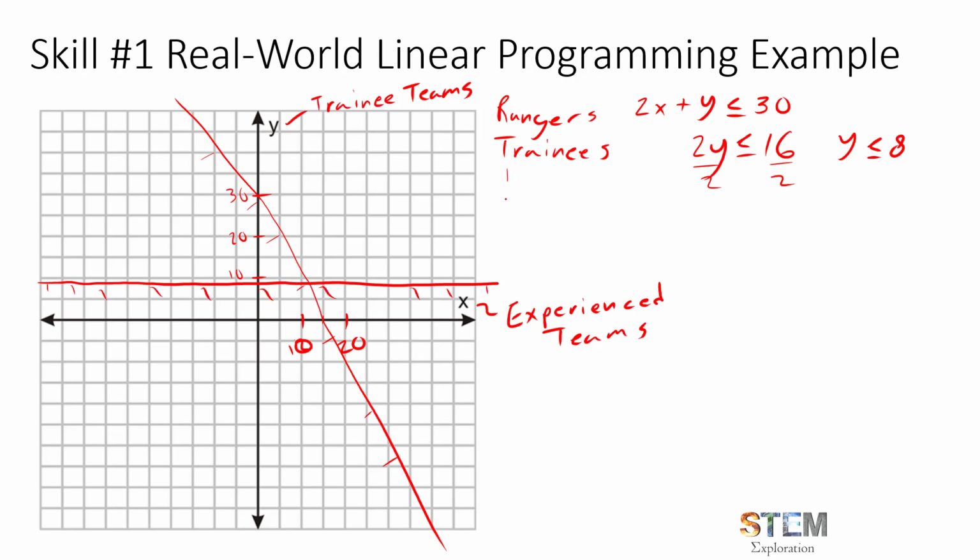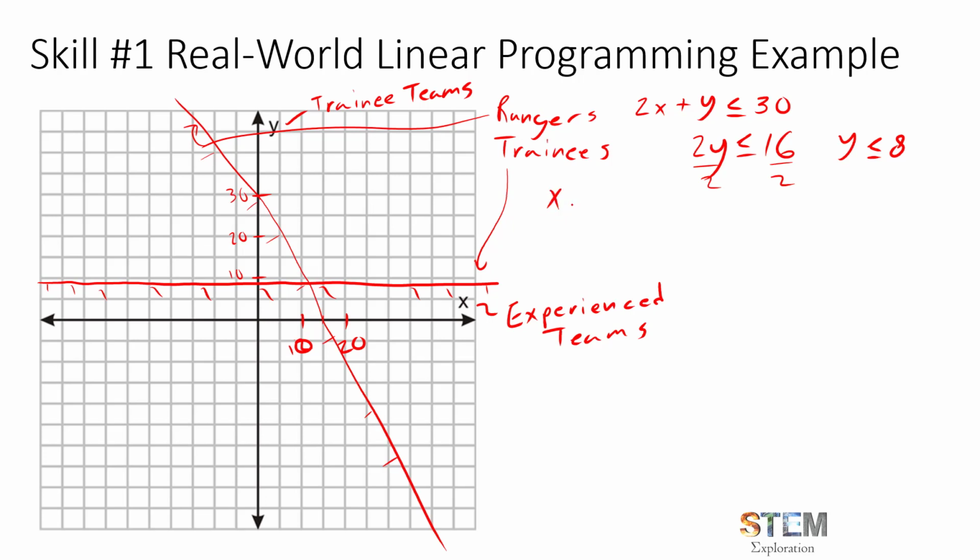All right, so now a line representing the limitation based on the number of trainees we have, and a line representing the limitation based on the number of rangers that we have. All right, so we only have this quadrant here so far, all right, at our disposal. But I also said that you can't have a negative number of experienced teams and a negative number of training teams.